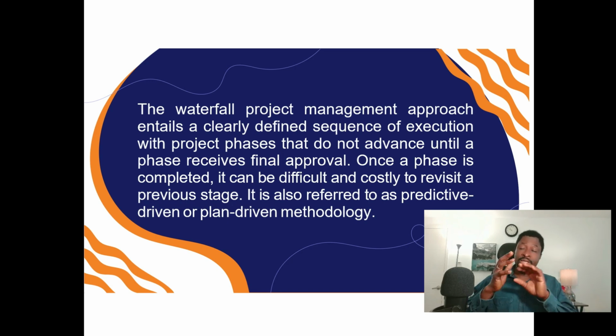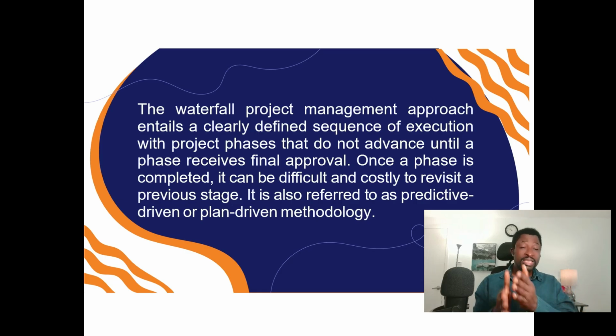So we have the scope plan document, communication plan document, stakeholder plan document, all those documents. Through those documents, we are able to come up with the main document called the project management plan. When we have the project management plan, we get approval from the project sponsor or project steering committee. Once we get the approval, we will be able to move into the execution phase. So at each phase in Waterfall, we have to complete the phase, get approval, and move to the next phase.